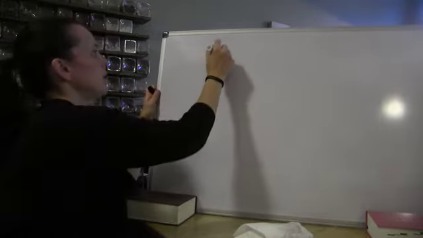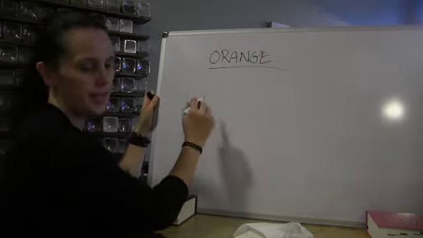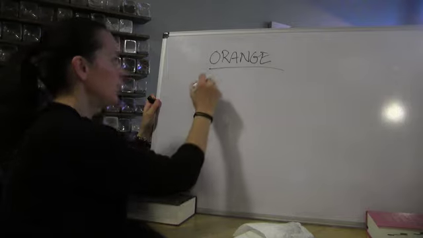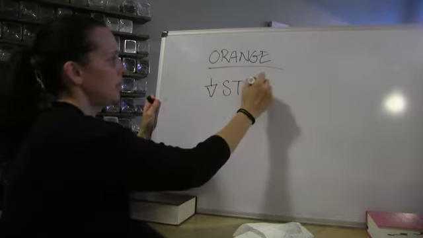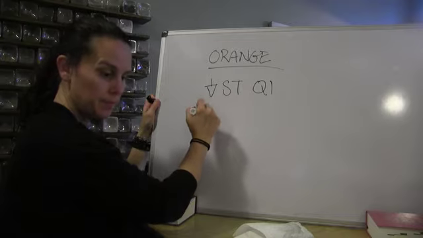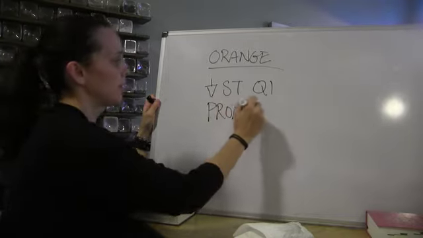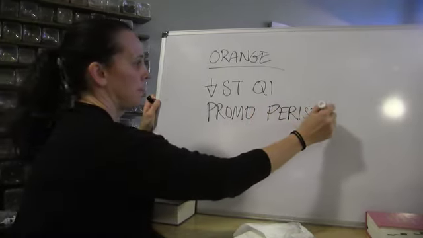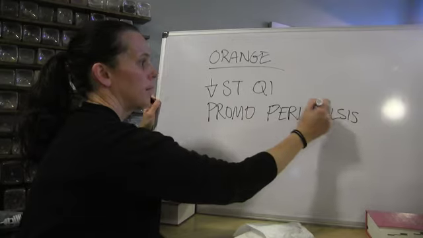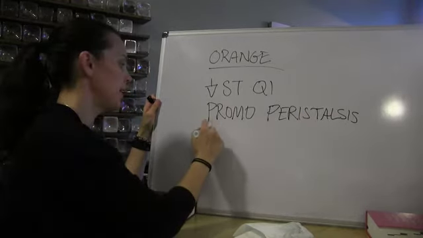Orange. Such a great, versatile, easy to use oil. Descends stomach qi. Promotes peristalsis. Clears stomach fire.